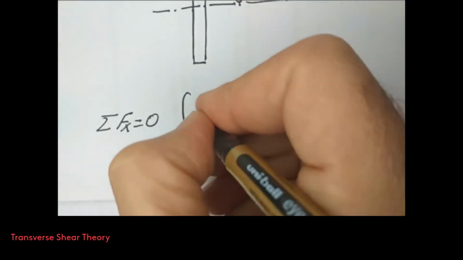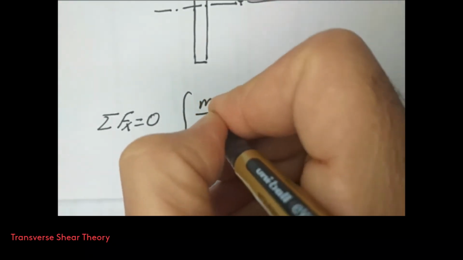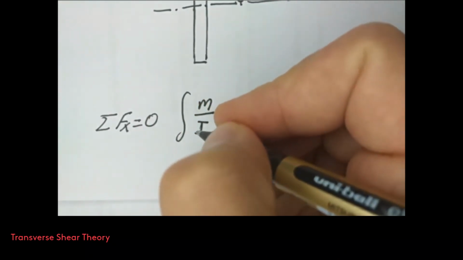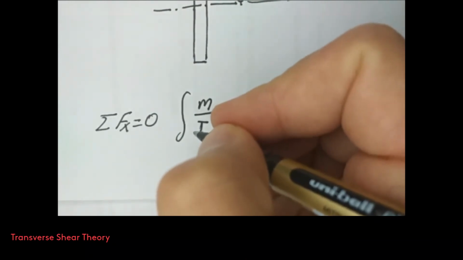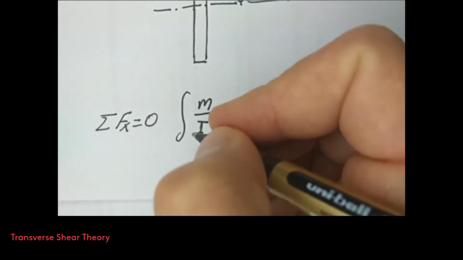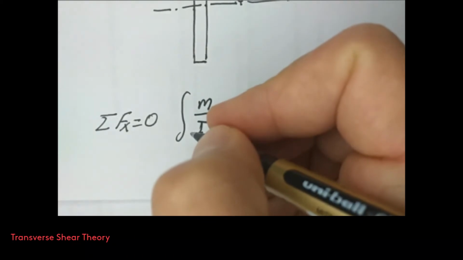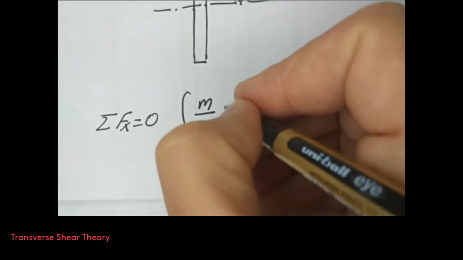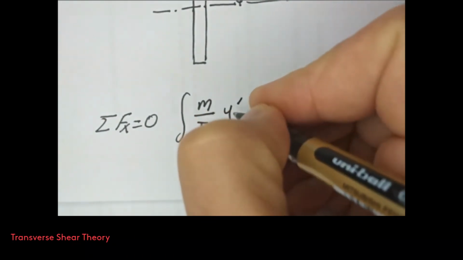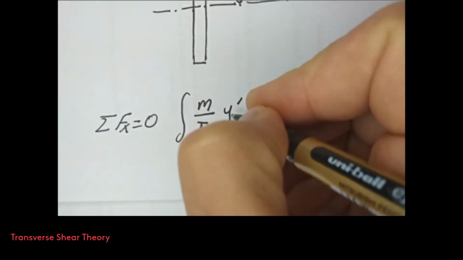M multiplied by I, the bending moment of inertia, divided by y.